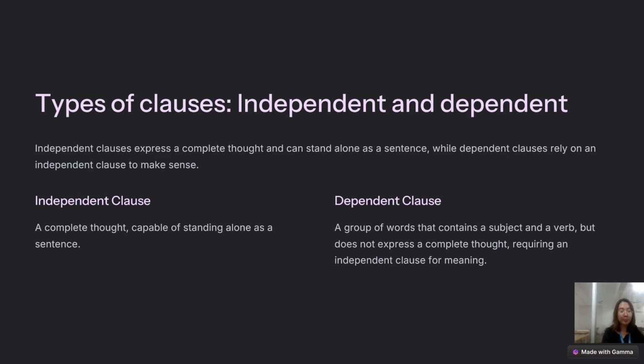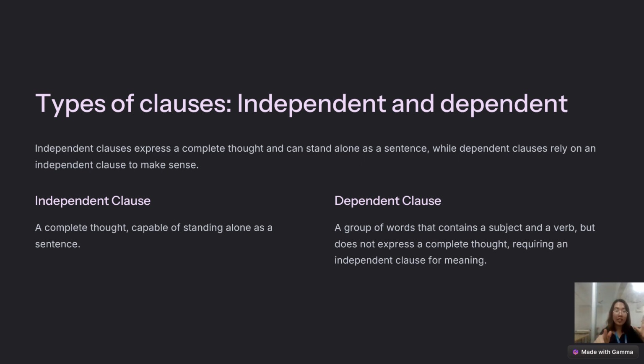So here it's saying that these clauses can be broadly classified into two types: independent and dependent. Here, an independent clause makes a complete sentence.